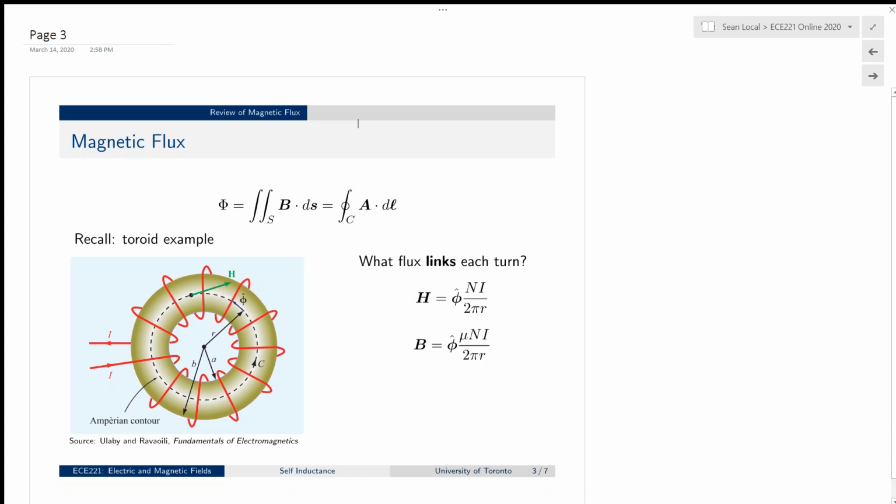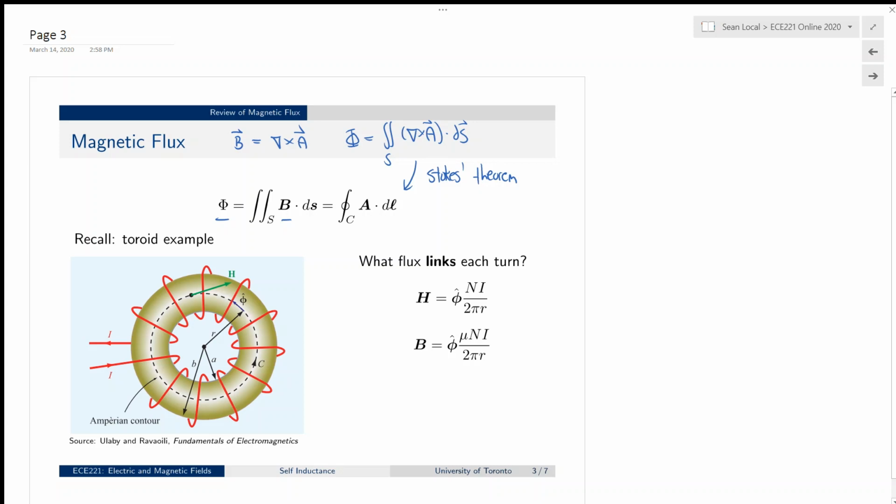So let's first review magnetic flux. Magnetic flux phi is related to magnetic flux density B through this surface integral. And because we know that magnetic flux density is related to vector magnetic potential A through this curl operation, we can see that magnetic flux can be computed using a surface integral of the curl of A. But because of Stokes' theorem, we know that a surface integral can be turned into a contour integral.